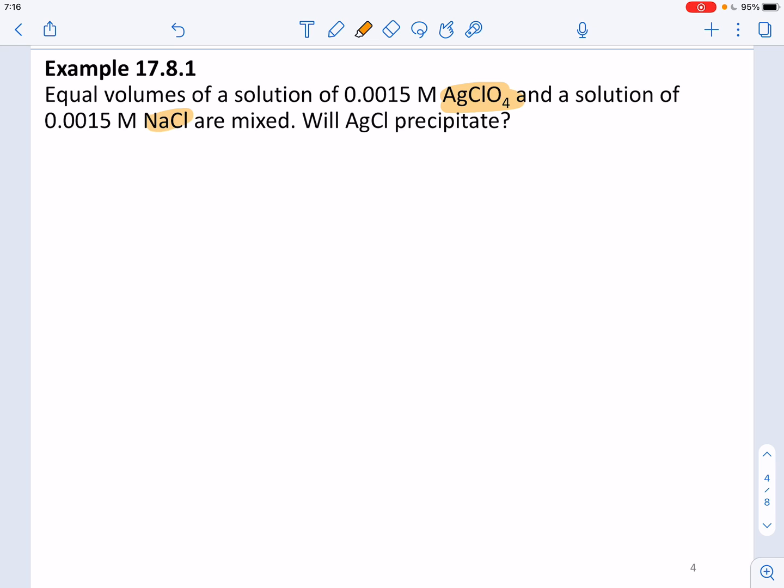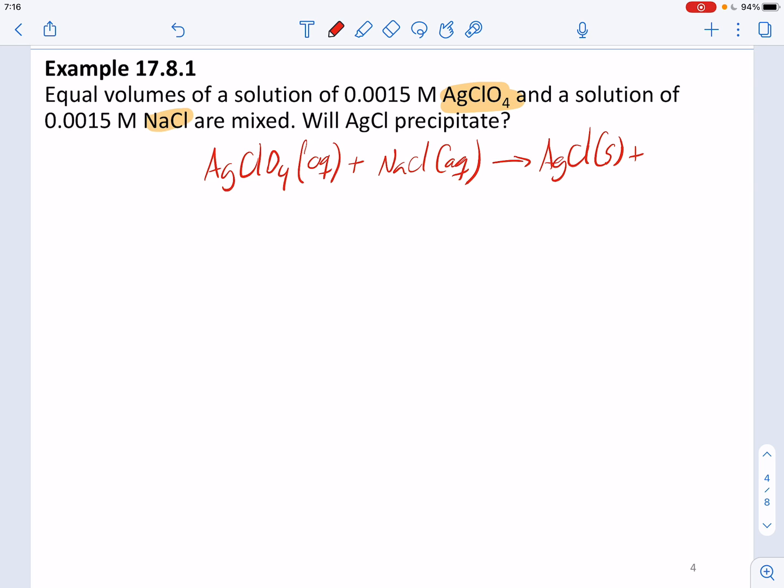So if you are mixing these two, normally what you would do in 105 is that you have this reaction plus NaCl in aqueous solution, and what you are going to get out of this is a precipitate. The sodium perchlorate remains in solution, but the silver chloride precipitates, or that's the story that we knew from 105.